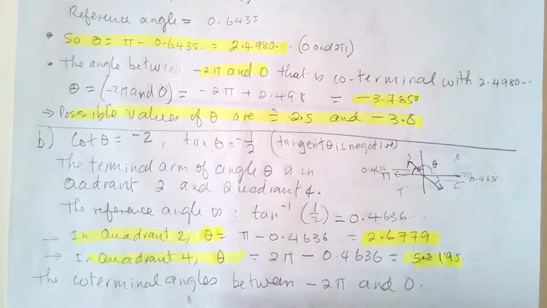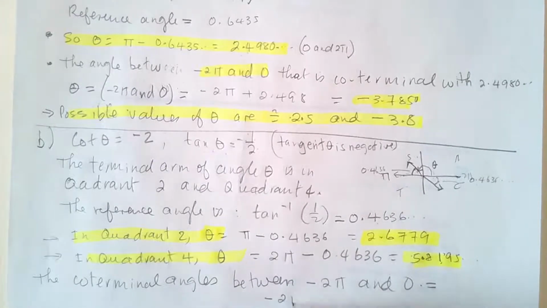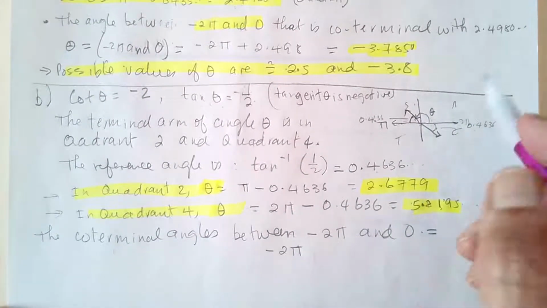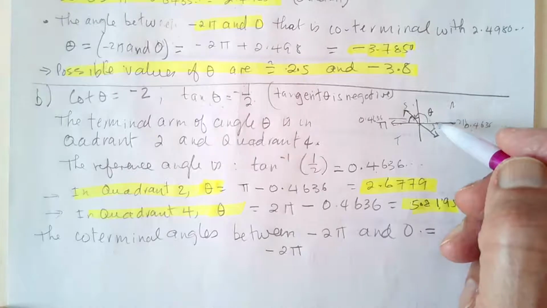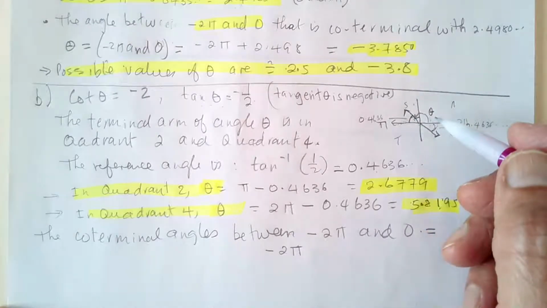So you have negative 2 pi. Now, remember you're going in the clockwise direction.